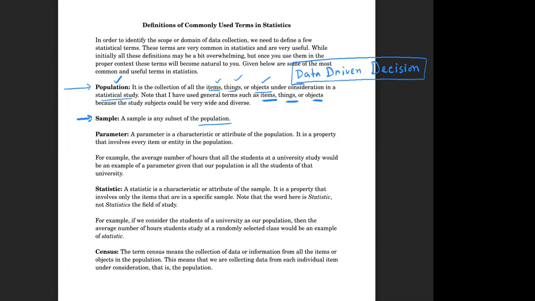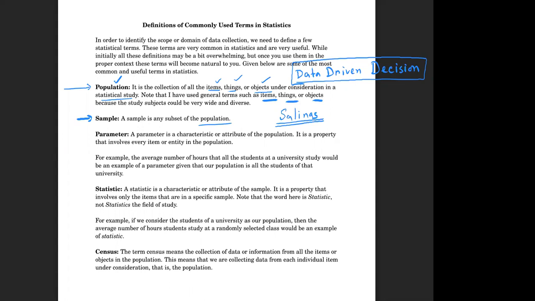So think, if the people living in the city of Salinas are my population, all the people that live in Salinas, I am trying to collect data from them. So my population would be anybody and everybody that lives in Salinas.